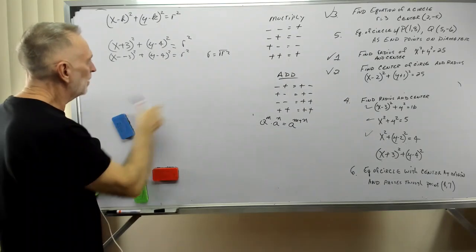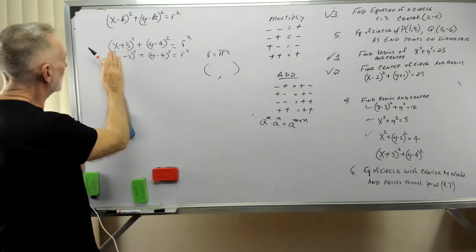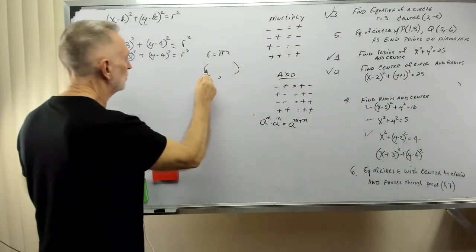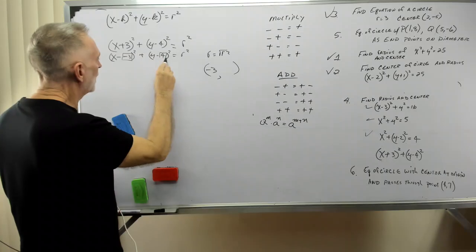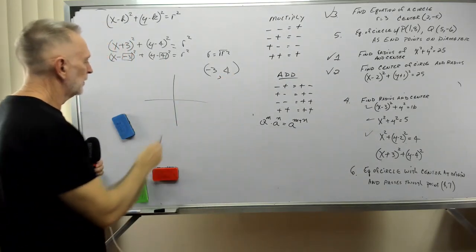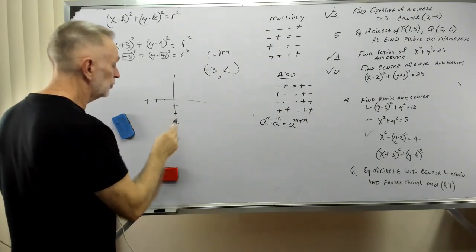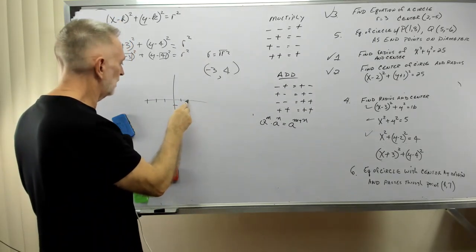So what do we know about the center of this thing? Cover up x minus, what's left? Negative 3. Cover up y minus, what's left? Positive 4. So if this were on a graph, and I love to graph, because you can solve all problems if you can graph it, just keep that in mind.